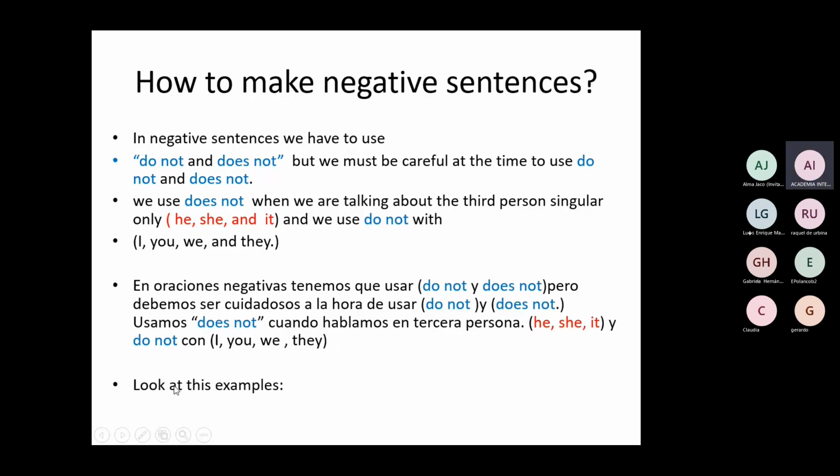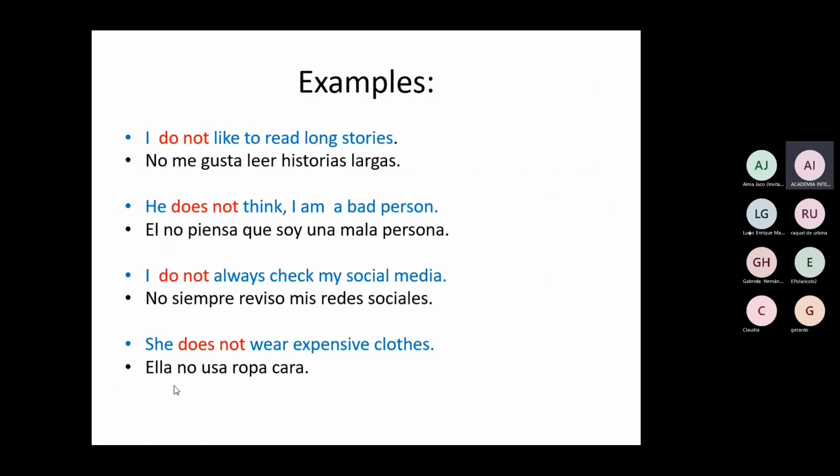Look at this example sentence. Now, I want you to read, so I need a volunteer. Who would like to try with the first example? Me. Go ahead. Thank you.